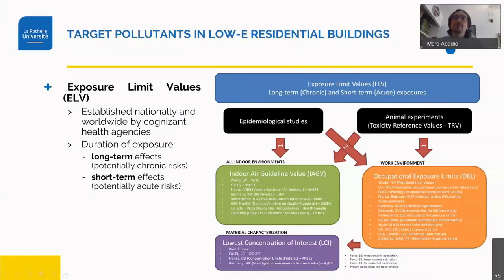Short-term can be hours to 1 day, almost. In this annex, we were interested in one kind of indoor environment, which is the green one here. But sometimes for the short term, we needed to have data, so we had to look at the work environment also for this data.